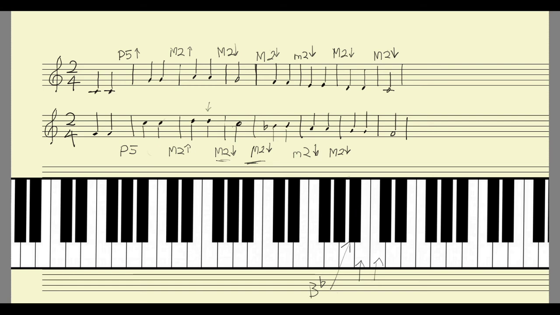And then finally, we need another major second. Let's check ourselves and make sure that's what we've got. G to F is a second, G1, F2. Then when we're counting half steps, we want to count 2 half steps for a major second. Is that what we've got? G0, G flat 1, F2.